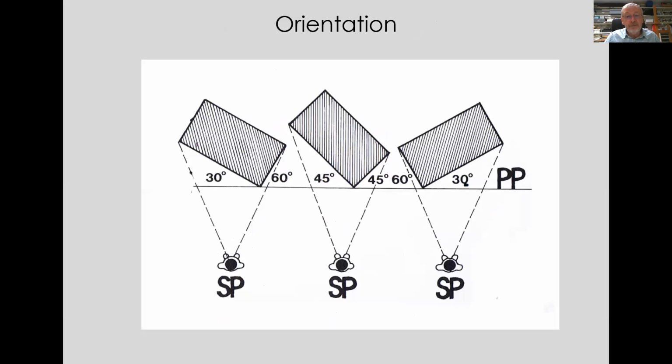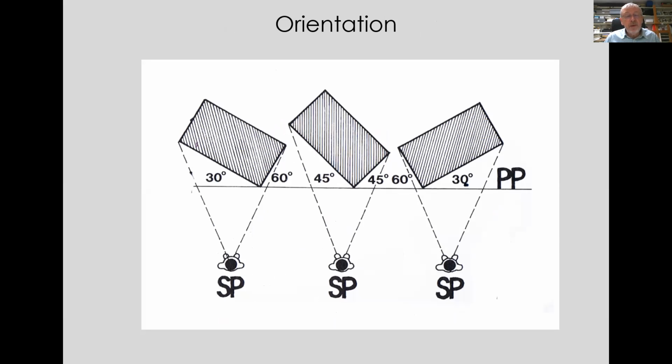The angle of the building is also quite important when you're setting up a perspective. If you have a building which is too flat to the picture plane, in other words, a very shallow angle, what happens is that you get vanishing points when you draw the lines very far off to the left or right of the building. And these can cause problems in having to have very long pieces of paper.